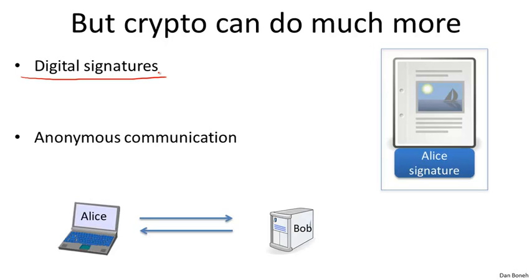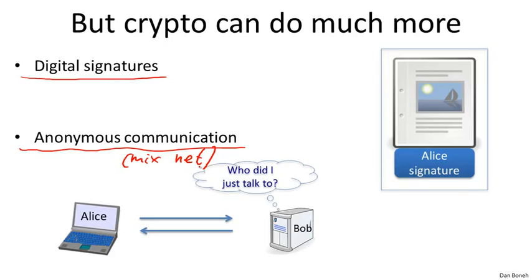Another application of cryptography that I wanted to mention is anonymous communication. So here imagine user Alice wants to talk to some chat server Bob. And perhaps she wants to talk about a medical condition, and so she wants to do that anonymously so that the chat server doesn't actually know who she is. Well, there's a standard method called a mixnet that allows Alice to communicate over the public internet with Bob through a sequence of proxies, such that at the end of the communication, Bob has no idea who it just talked to.